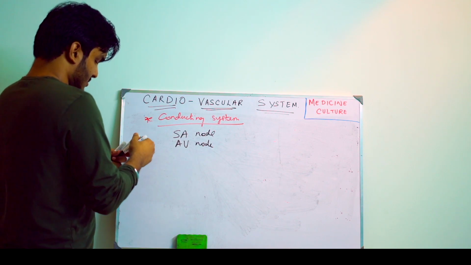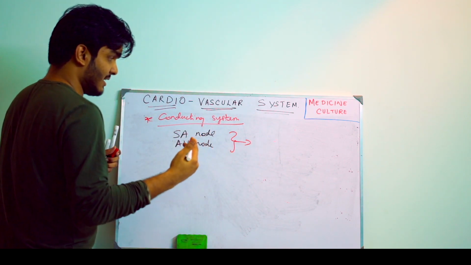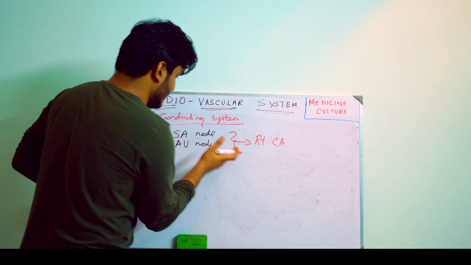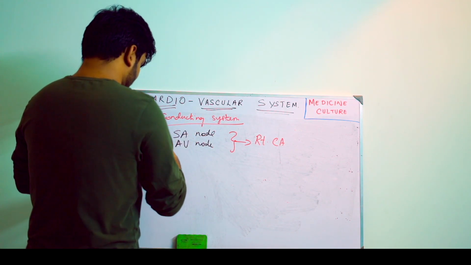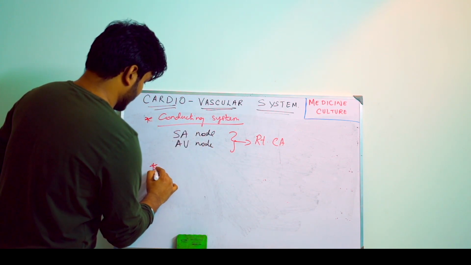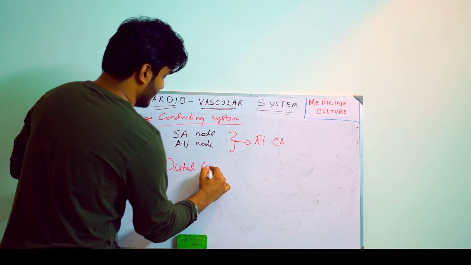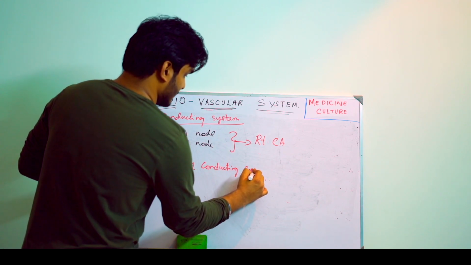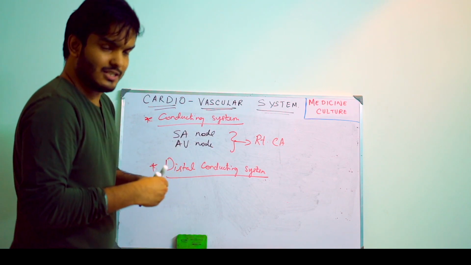So this SA node and AV node is supplied by which artery? Yes, the right coronary artery. It gives the SA nodal artery. It gives the AV nodal artery. Yes. And let's see the distal conducting system. What is this distal conducting system? If you guys would have remembered this physiology, you would have known.